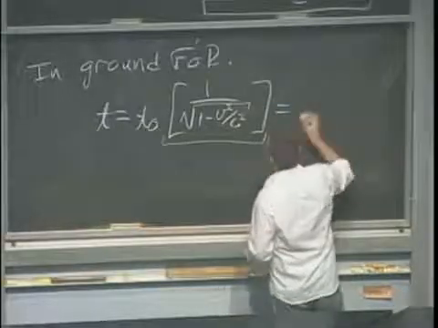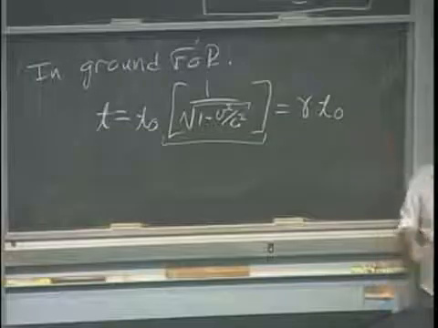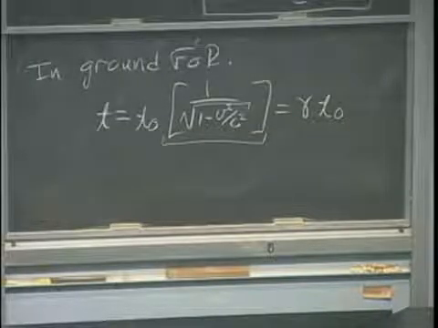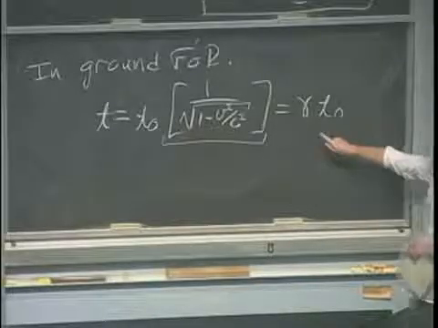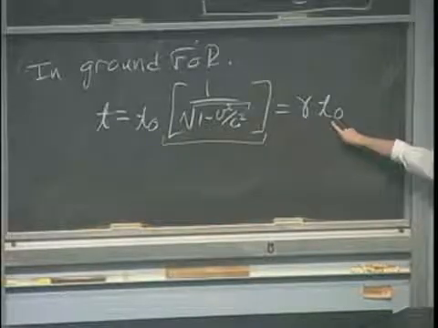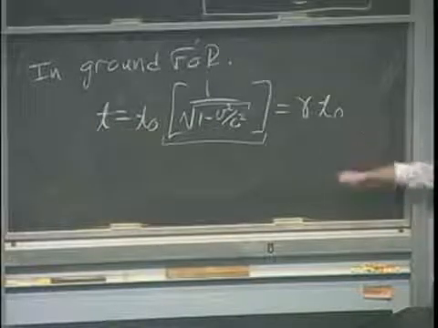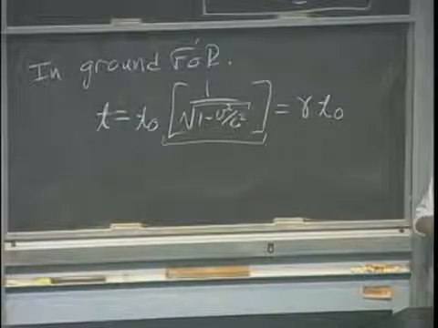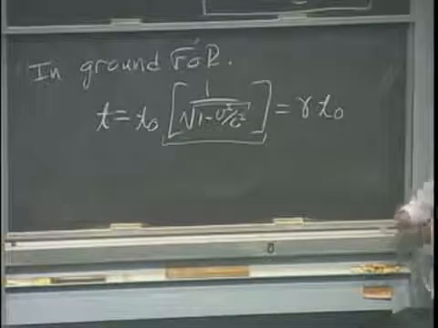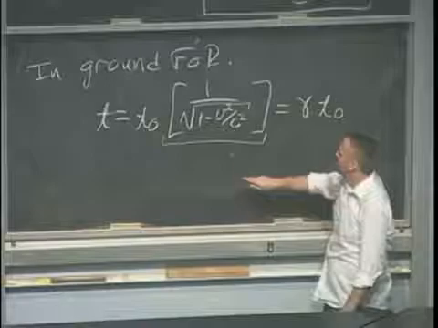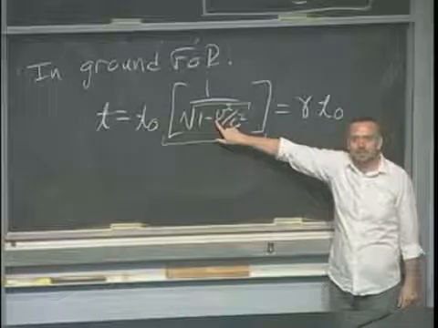and it pops up everywhere in relativity. It just means that the time measured in the frame of reference of the ground is equal to some factor times the time measured in the train. The important part here is to realize that those times are not the same. And this factor, which we call the gamma factor, depends on the speed of the train, how fast it's moving.